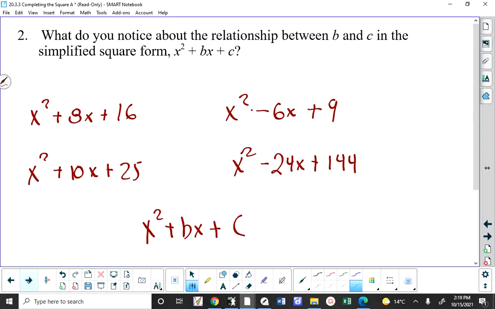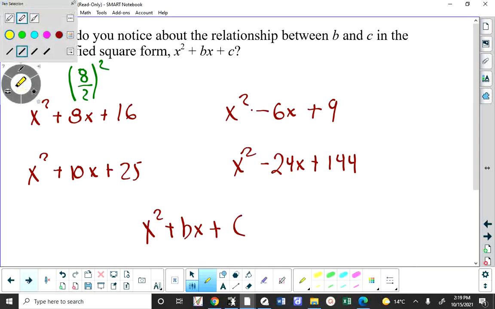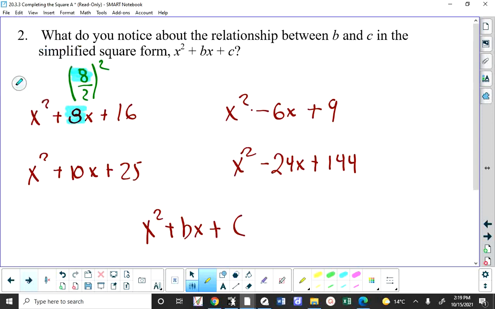And notice that that works even if b is negative. If I take b, which is 8, and I divide it by 2 and square it, I'm taking b, dividing by 2 and then squaring it. 8 divided by 2 is 4, 4 squared is 16.